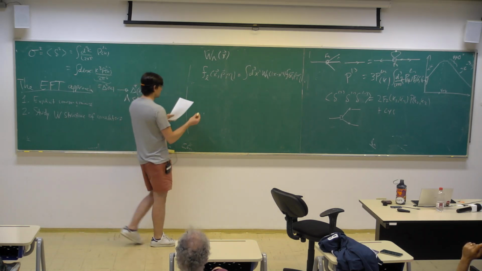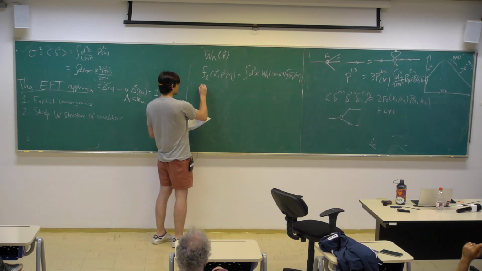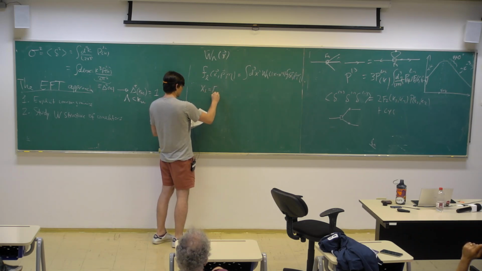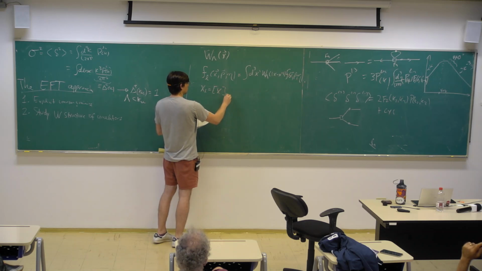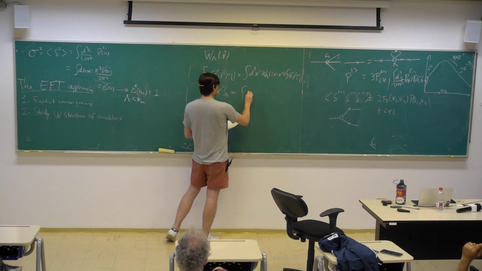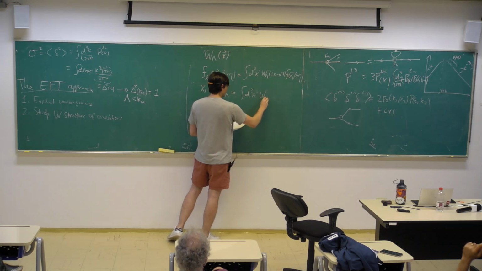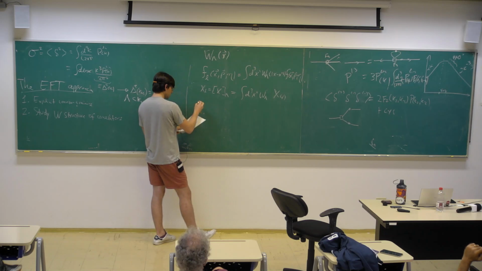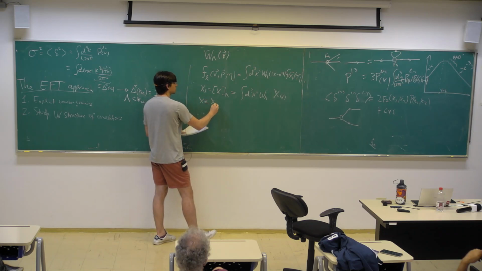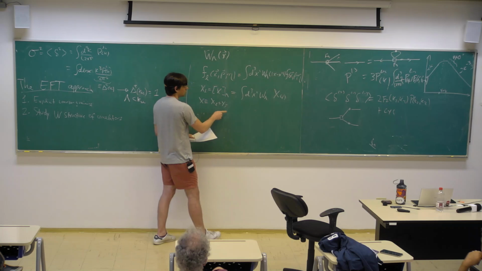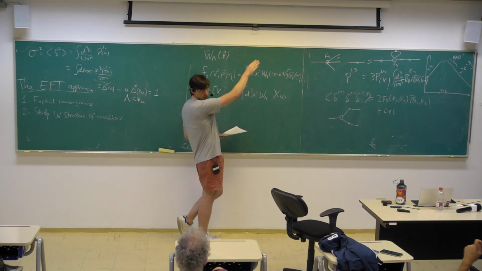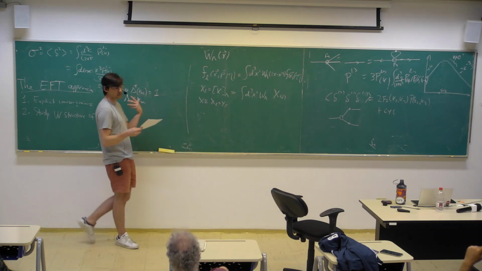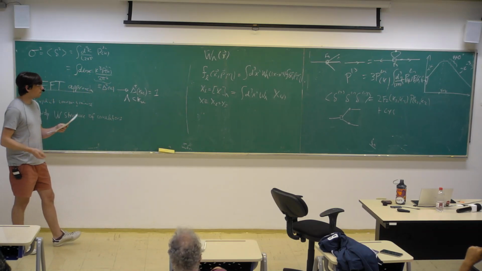Generically, for some function x, you define x_L as this filtered version of x. And also, kind of trivially, the full thing is the sum of my long plus my short. The large scale contribution integral has some cutoff. What I'm going to call the short scale contribution is all of the modes that are beyond that cutoff, and the sum of them together gives my original operator.